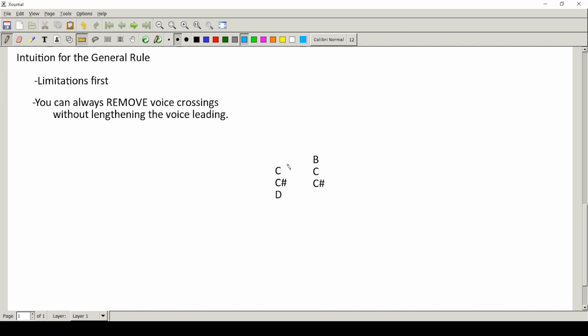So we had the idea that C would stay C, and C sharp would stay C sharp, and then D would become B. So that was one possibility.